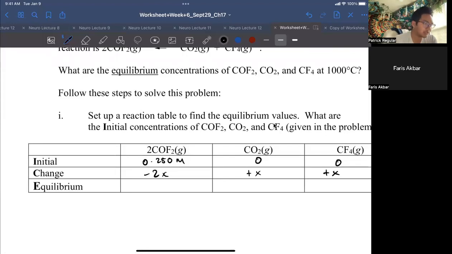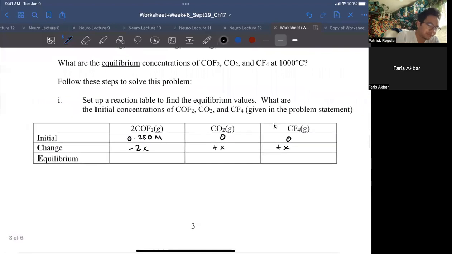So in our ICE box, 0 plus x, 0 plus x. That's just going to be x. 0.250 minus 2x, because molar ratio. And you might be thinking, how do I know what's plus and what's minus? Well, whenever you have something that's 0, if you have no reactant at all or no product at all, that's where you're going to add.